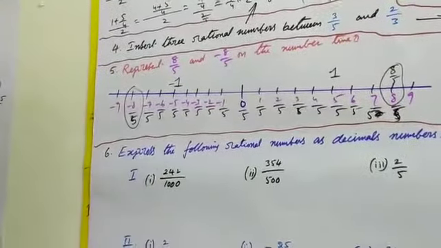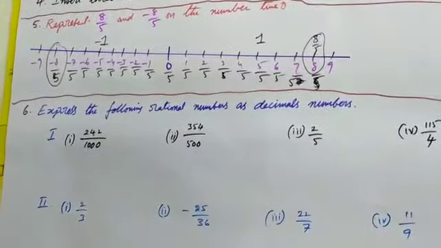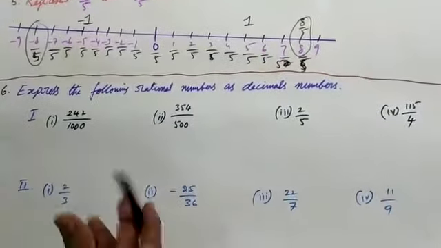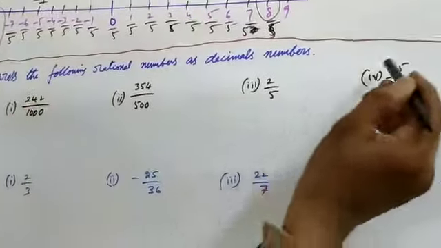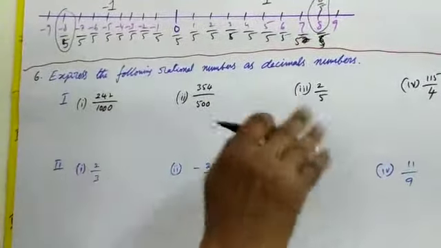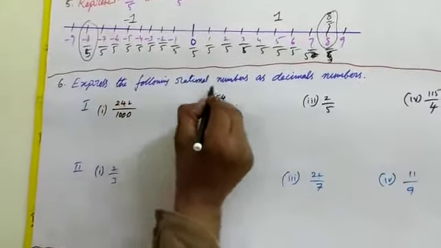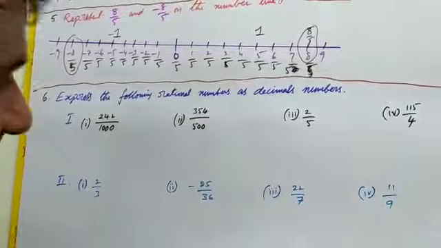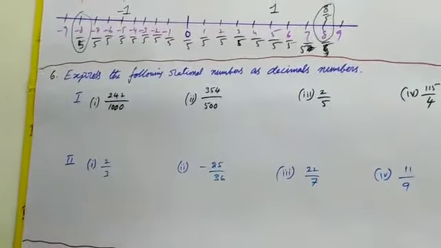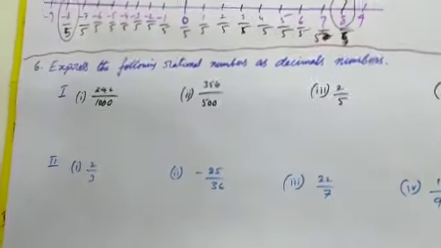Go to 6. Express the following rational numbers as decimal numbers. Observe 1, 2, 3, 4, 5 are the rational numbers. The rational form is converted into decimal form.